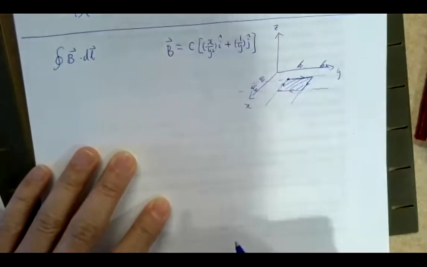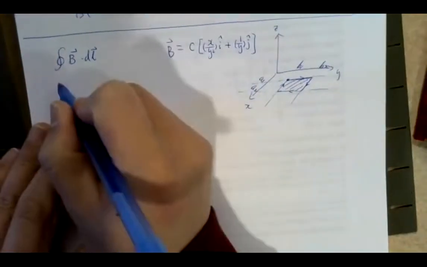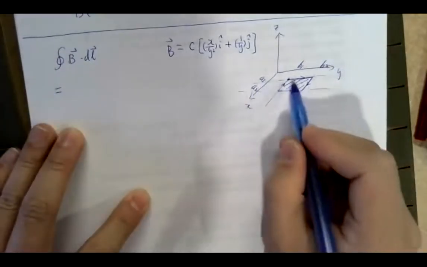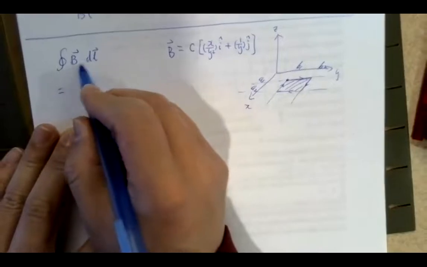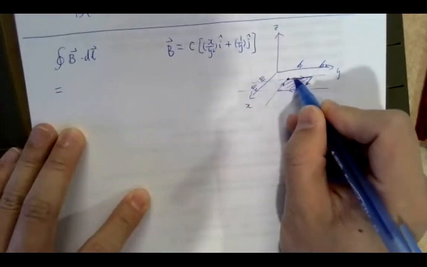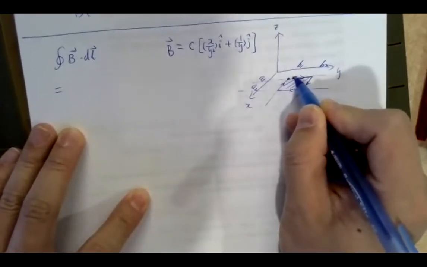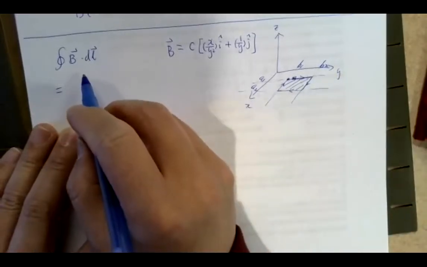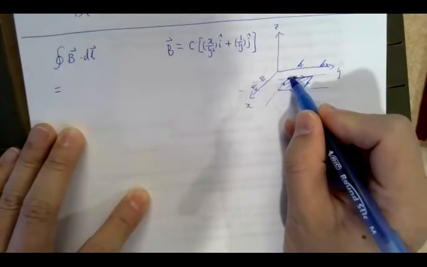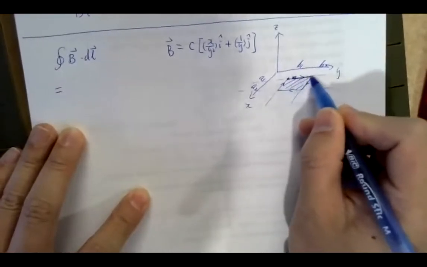So I have to go through the four paths here. For B dot dl, I take a small dl on this path going that way, so dl is in the direction of j.